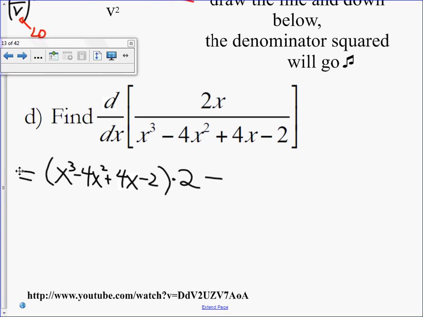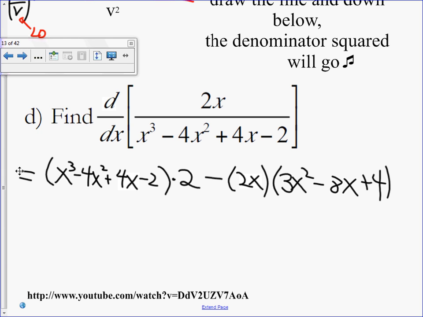What's the high? 2x. D low. Derivative of the denominator, so can you guys read off what that would be? 3x squared minus 8x plus 4. Are we okay with that for the d low, the derivative of the denominator?